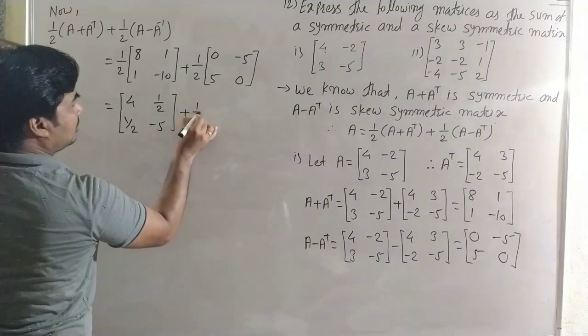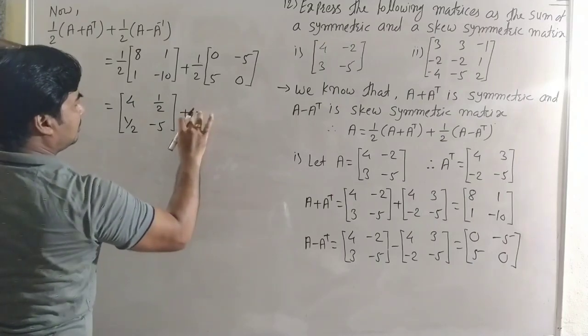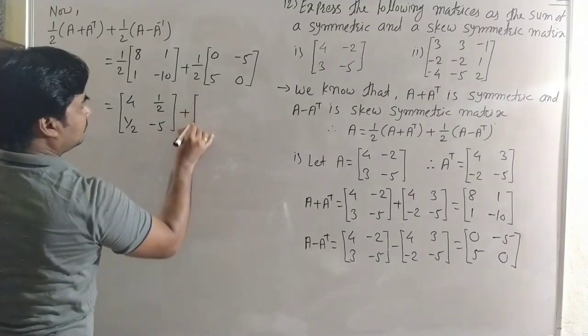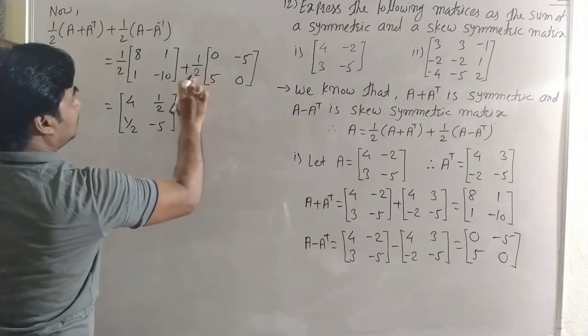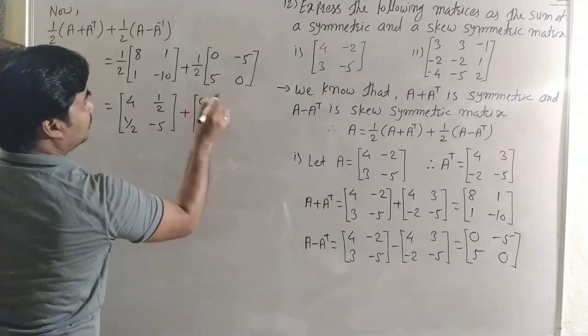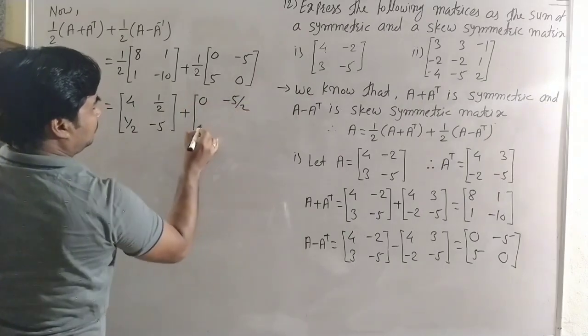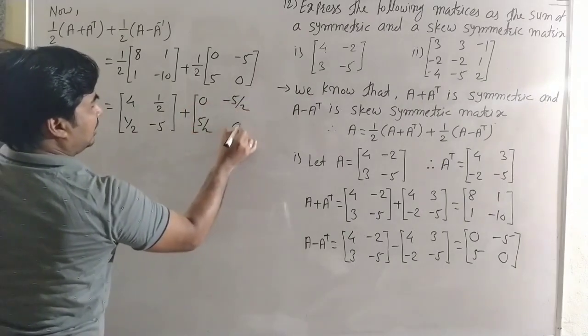Plus, here we multiply by 1/2, okay, here it is 0, -5/2, 5/2, and 0.